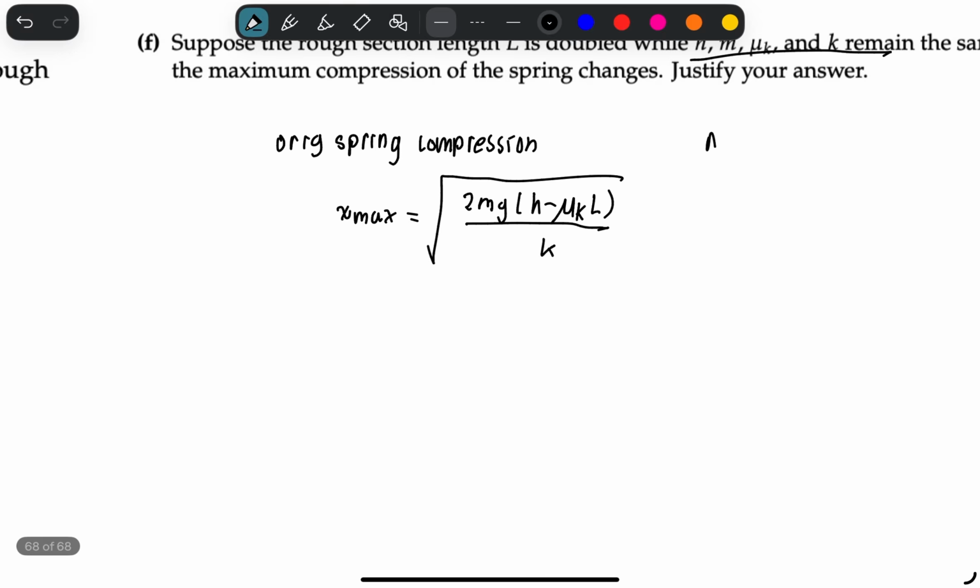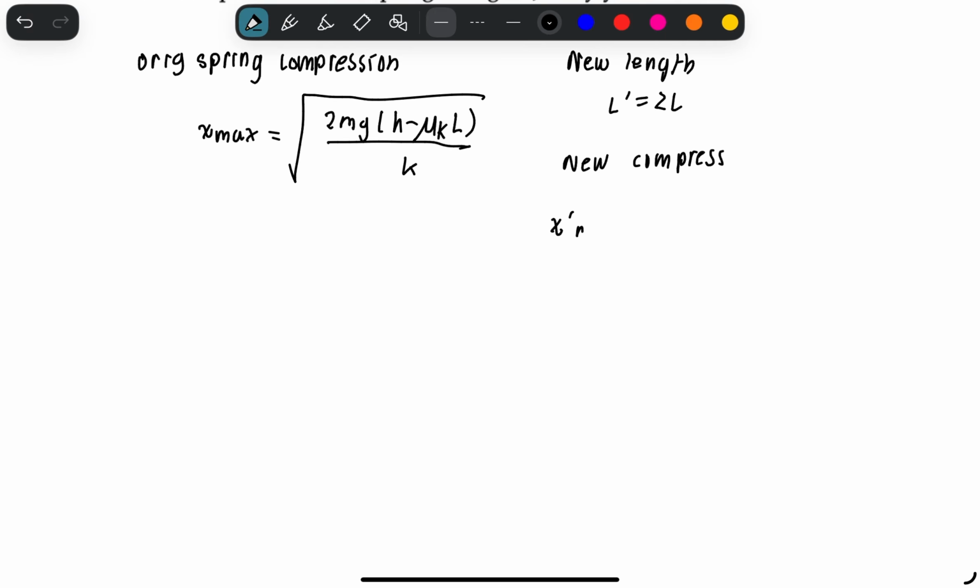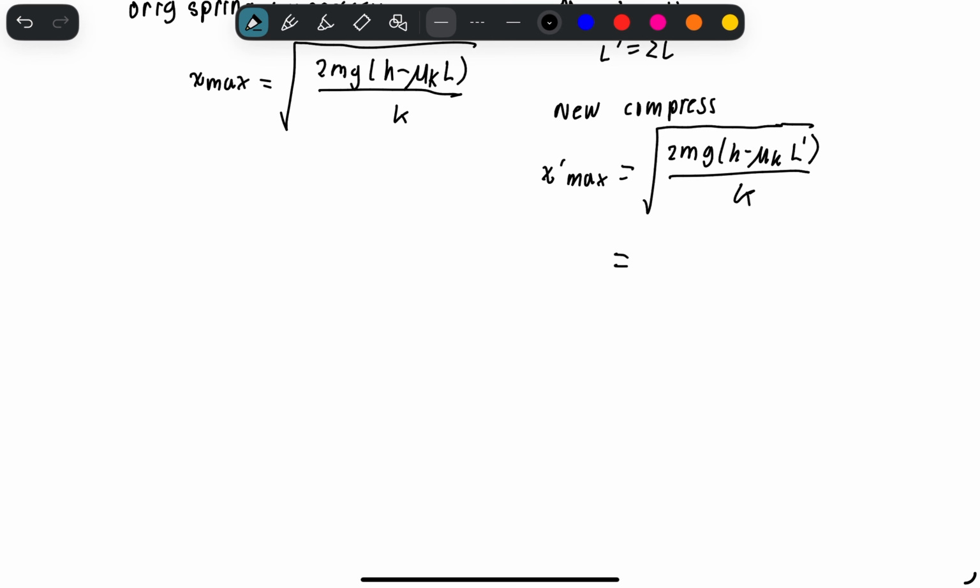So our new length is L prime, and our new compression is x prime max, all divided by k. So then all you do is substitute in.